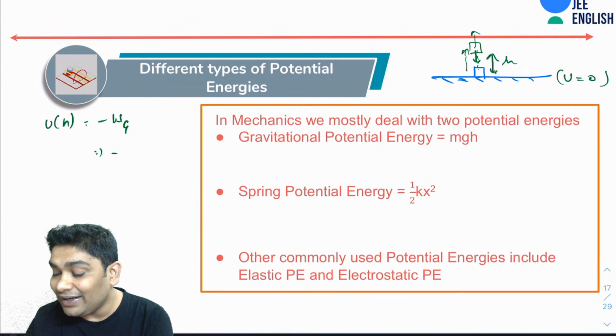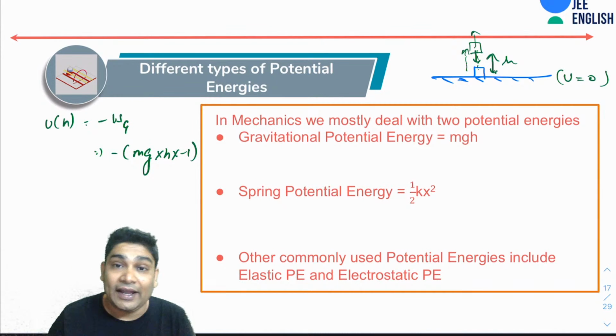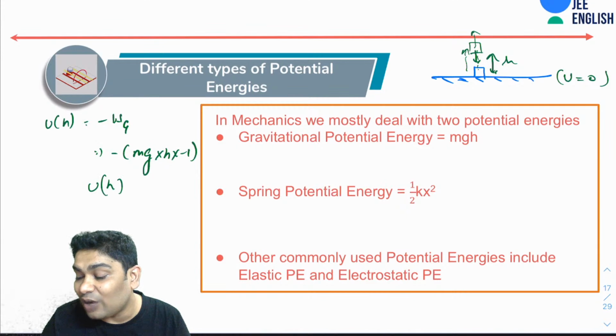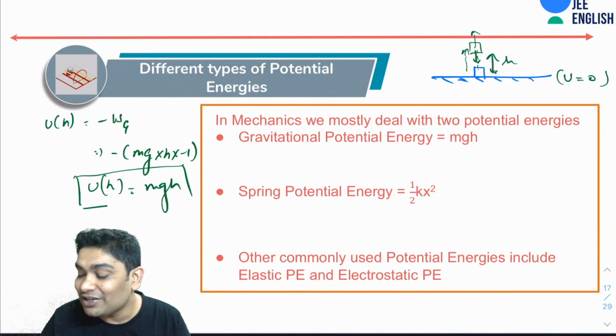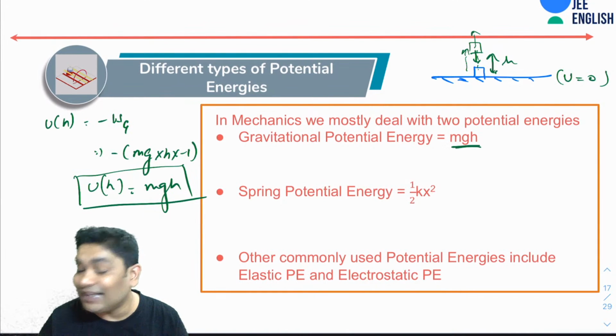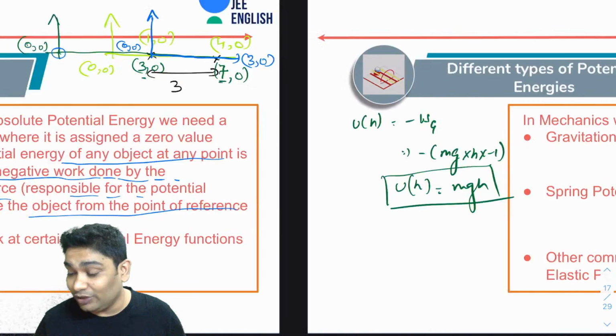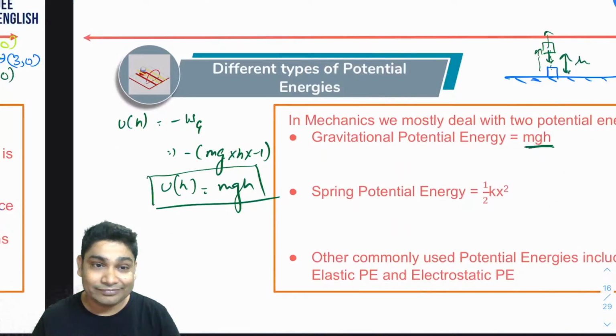So this would be minus of mg into h into minus 1. F dot S would give you minus of mgh. So you realize U at any h now becomes mgh. This is the expression that you use for gravitational potential energy, and that is why you use mgh. It is coming from this fundamental idea.